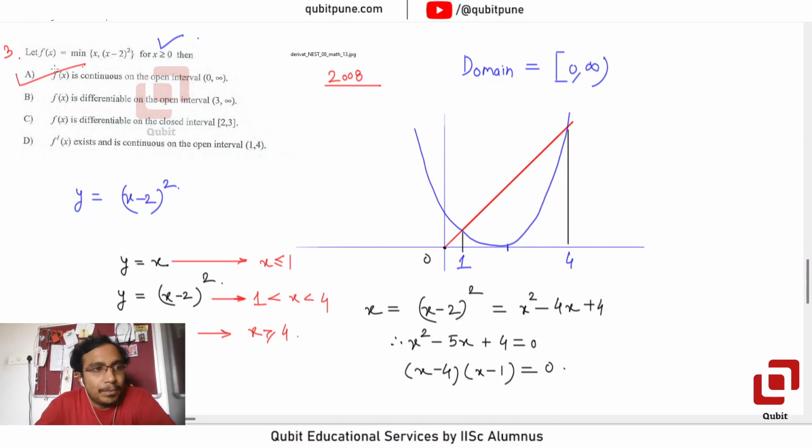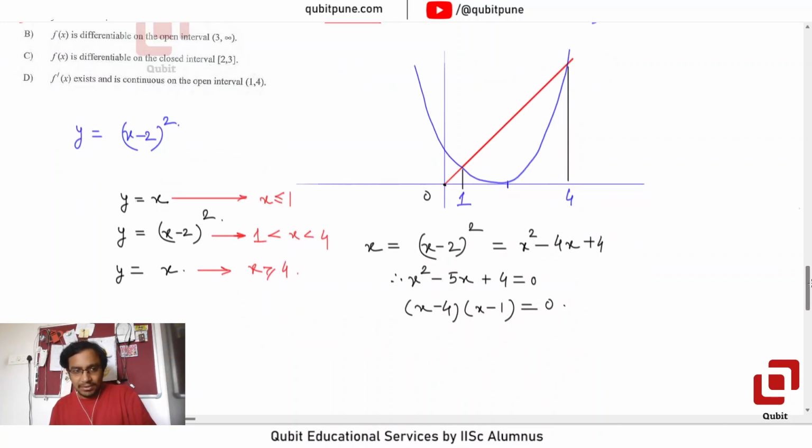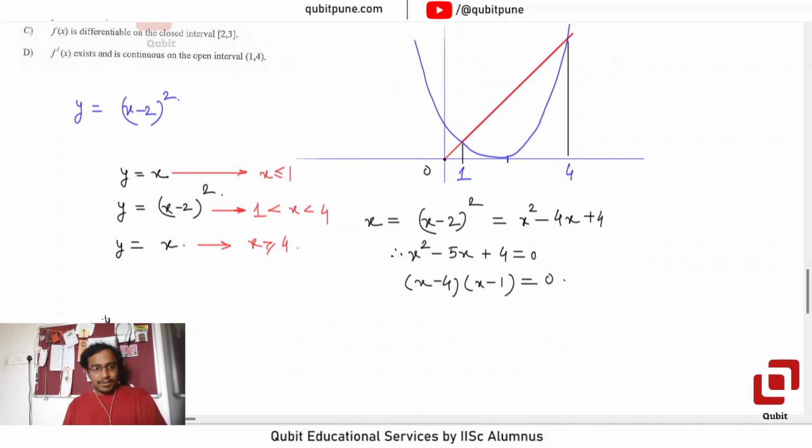Now let us go to B. F of x is differentiable on the open interval 3 to infinity. Now why is that not true? That is not true because, look, suppose we go for the derivative. It would be 1, 2 into x minus 2, and then again 1. Now at 4, what is the left hand derivative?